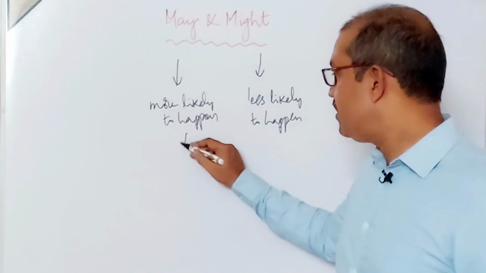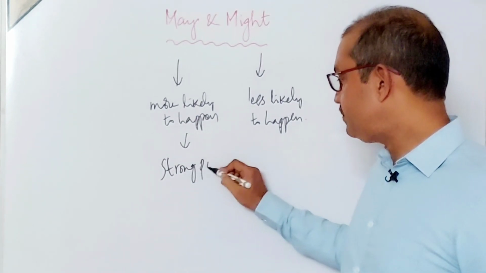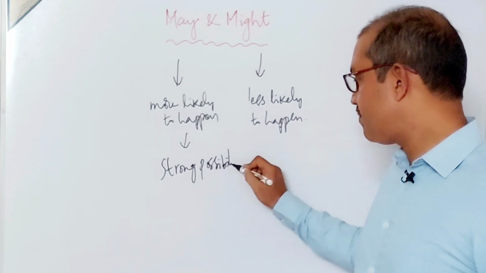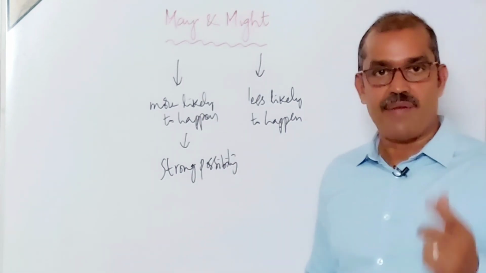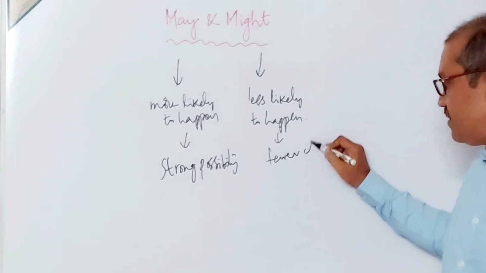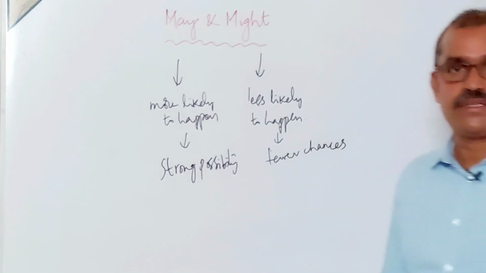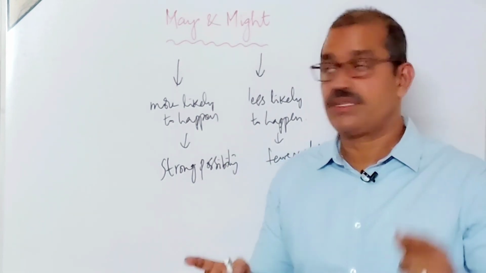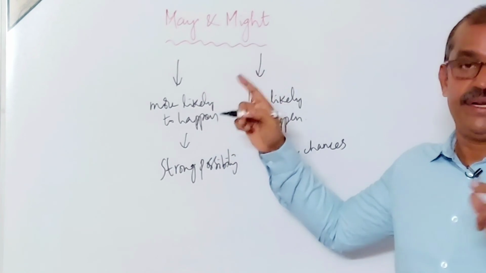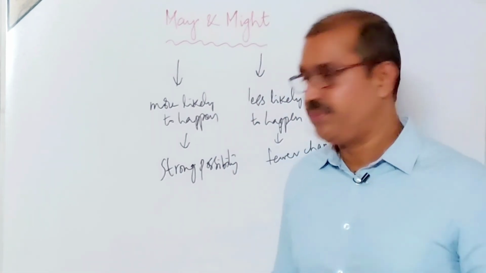Look at this. Here you can say strong possibility of happening of an event. Here there are fewer chances, very fewer chances of occurrence of an event. Such cases we have to use may and might. We can understand together with an example.